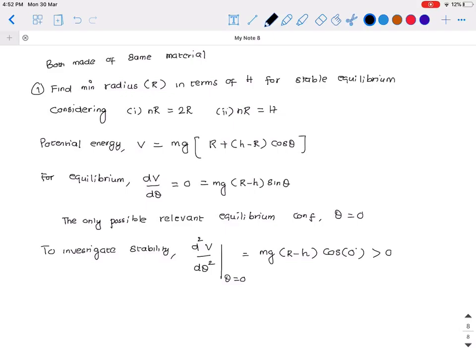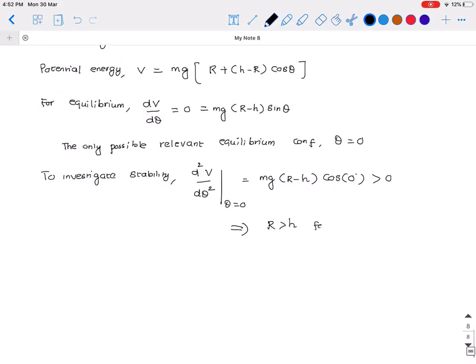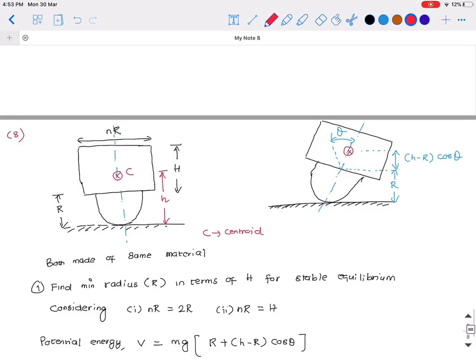Okay, so the only possibility is that R should be greater than H for stable equilibrium. Okay, so the radius R should be larger than H, the centroid should be located within the semicircle for this to be stable.